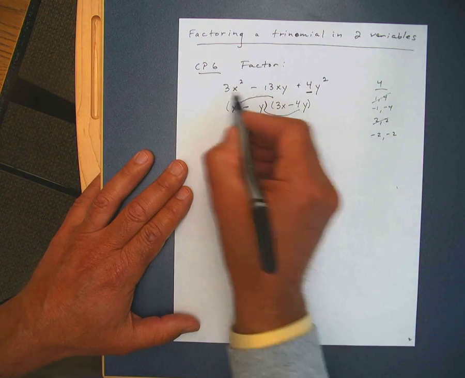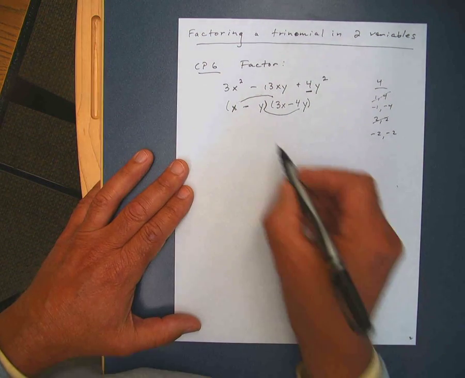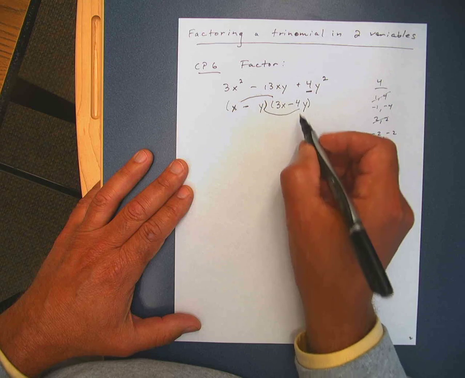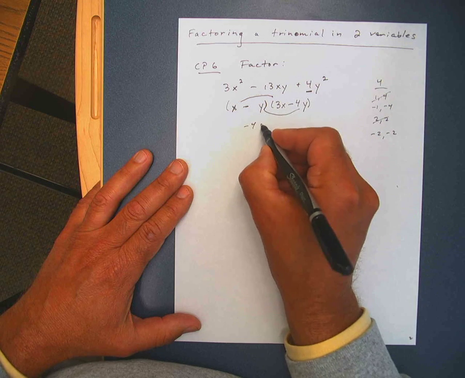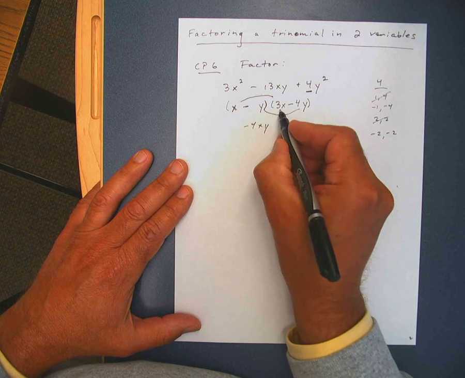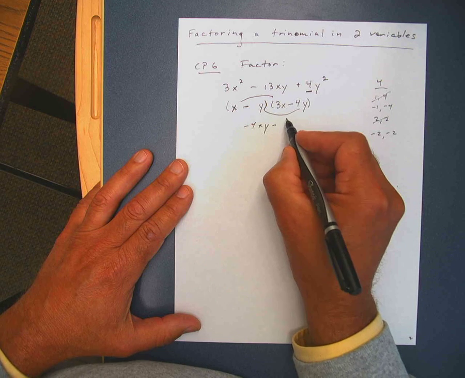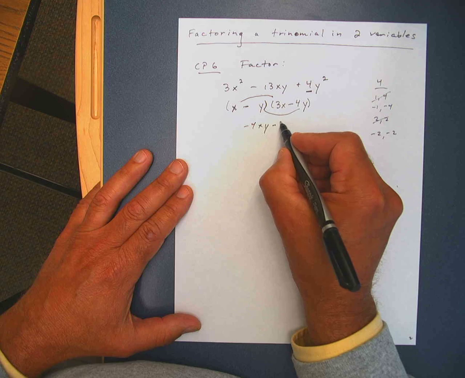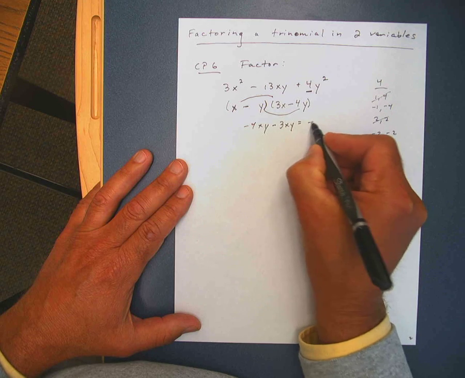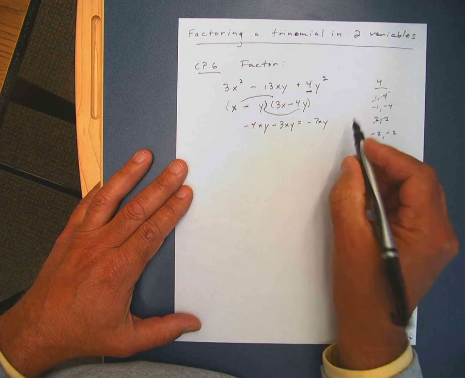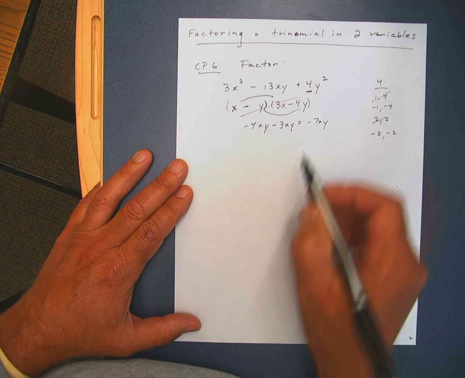So we're good on the first term and last, but how about the middle? The middle is going to come from multiplying the x and -4y. That would be -4xy. And from multiplying the inner terms, that'll be -3xy, which is -7xy. So this possibility will not work.